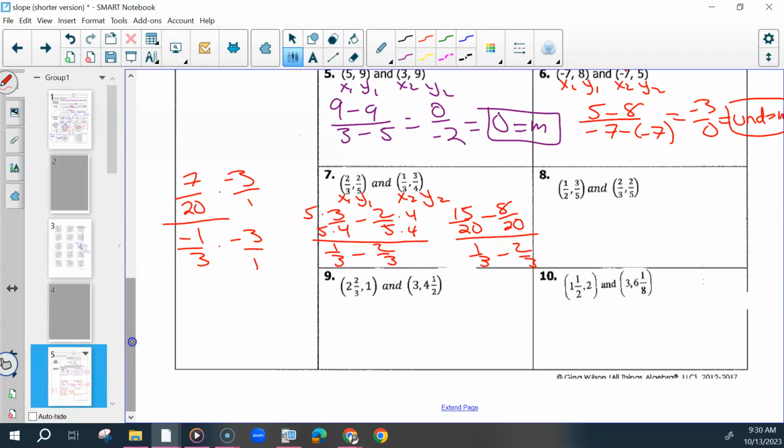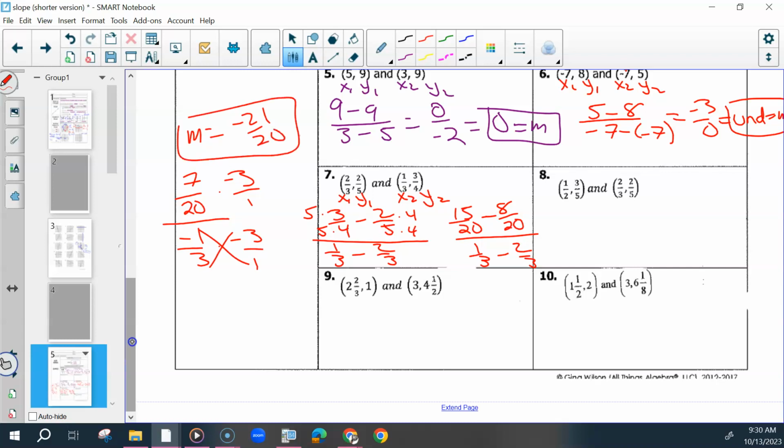That way when you do this, the whole denominator fractions cancel, and you can just multiply across to get what? Negative 21 over 20.